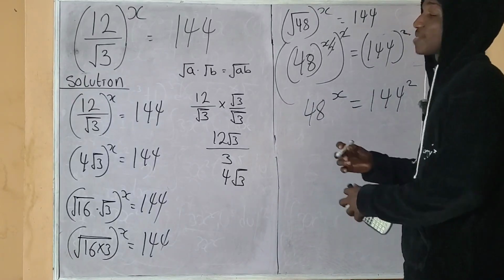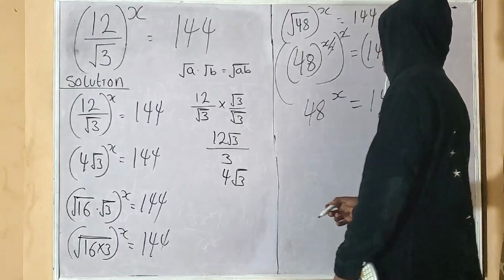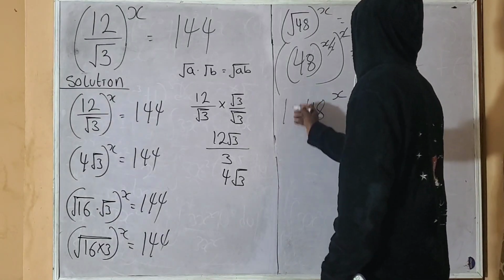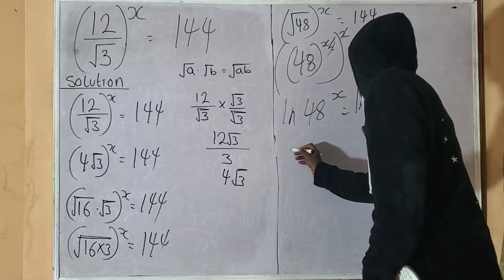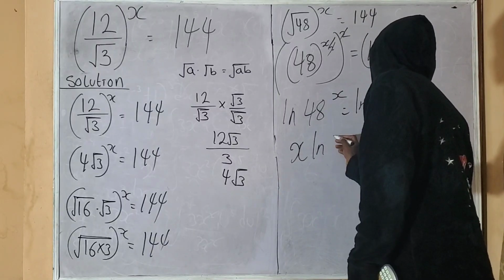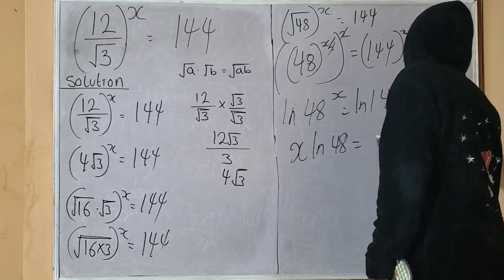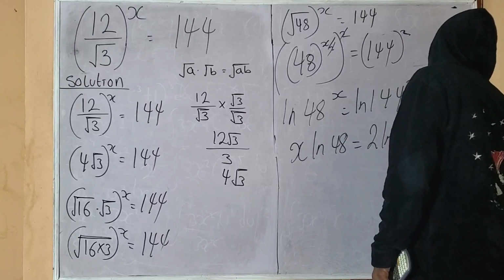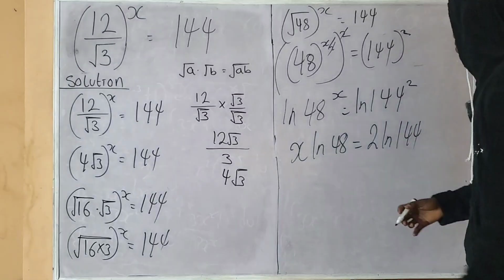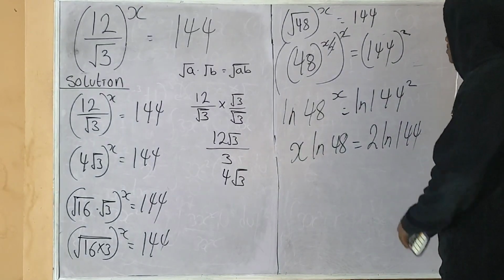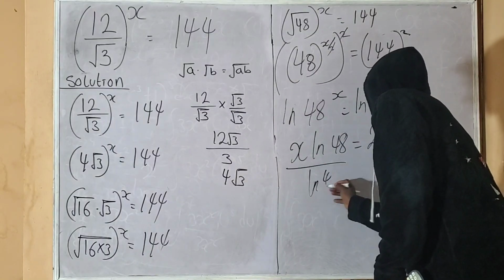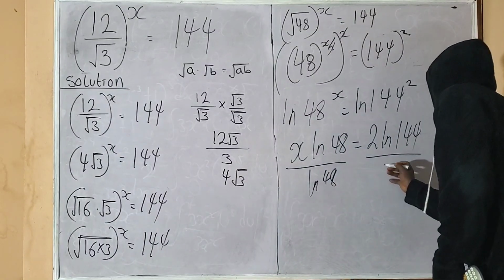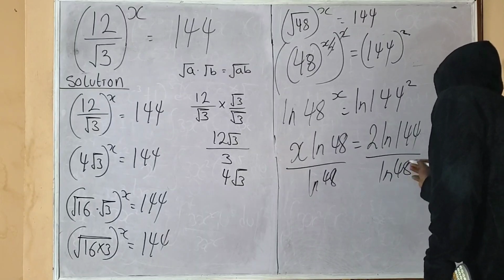The next step is that I'm going to take the natural log of both sides. So applying natural log to both sides, I'm going to have x ln 48 equals 2 ln 144, right? To get the value of x, I'm going to divide both sides by ln 48.